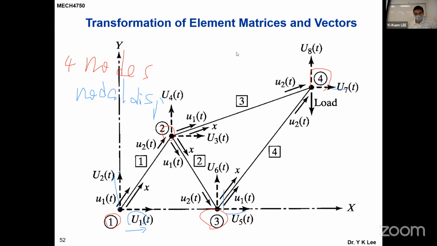Another important thing is that we also need to describe the local coordinate and global coordinate. This is more complicated now.